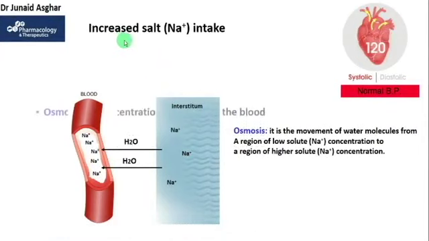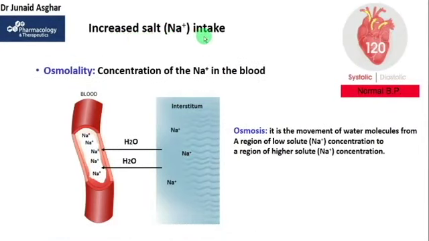Now let's see how salt intake or sodium intake influences the blood pressure. In order to understand this, let me introduce you to a term called osmolality. Osmolality refers to the concentration of a solute, for example sodium here, in a system, which is blood here.